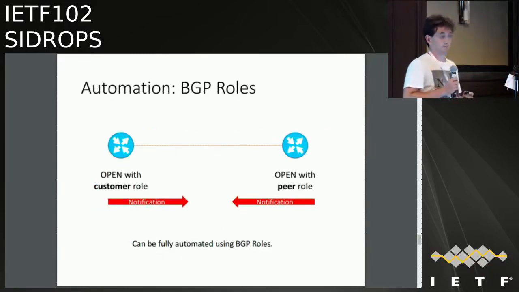So I think two years ago I was presenting BGP roles. That's a configuration option that can be negotiated between BGP neighbors. And to avoid mistakes, it's quite suitable here. So we have a configuration option that says that this link belongs to a customer, this link belongs to a provider, this link belongs to a peer.